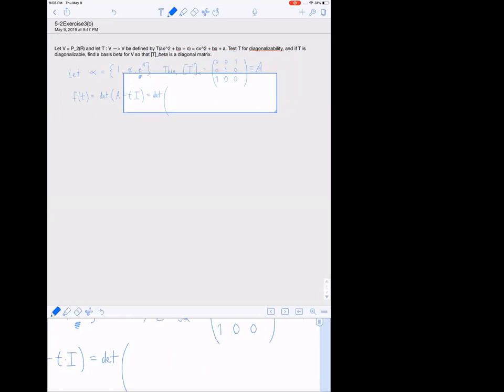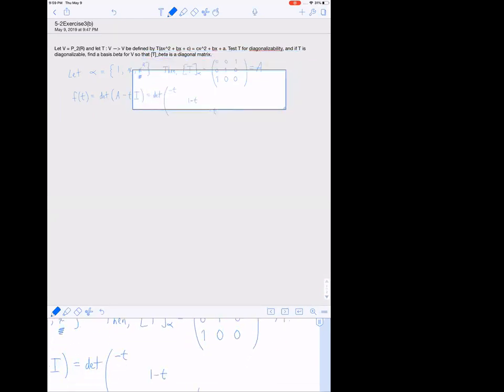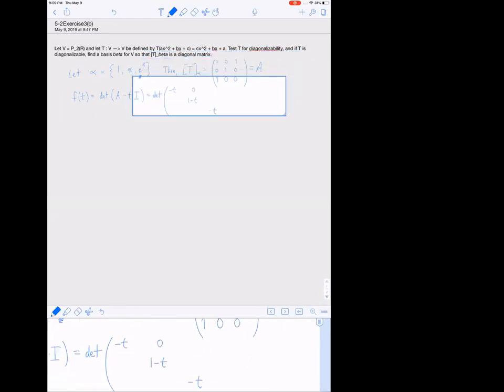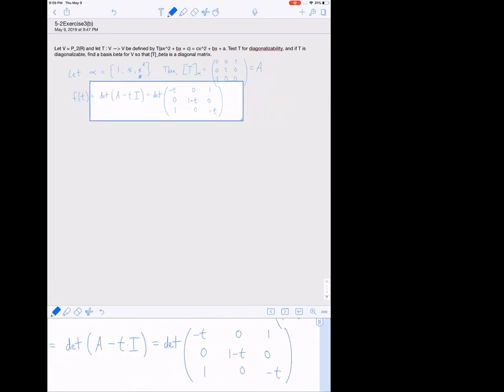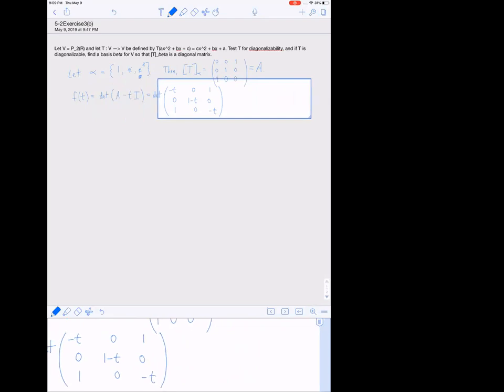So we're going to get 0 minus t, which is just minus t. We're going to get 1 minus t in the middle, and then another minus t in the bottom right, and then all the other entries will stay the same. So that should be a 0, that should be a 1, there's a 0 and a 0, that's a 1, and that's a 0. Right, so that's the A minus t times the identity matrix. And now we want to compute the determinant of this matrix.